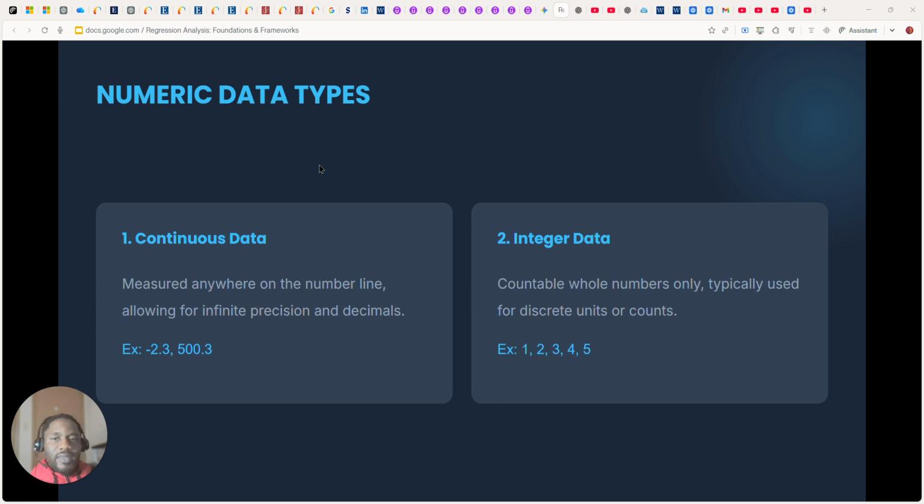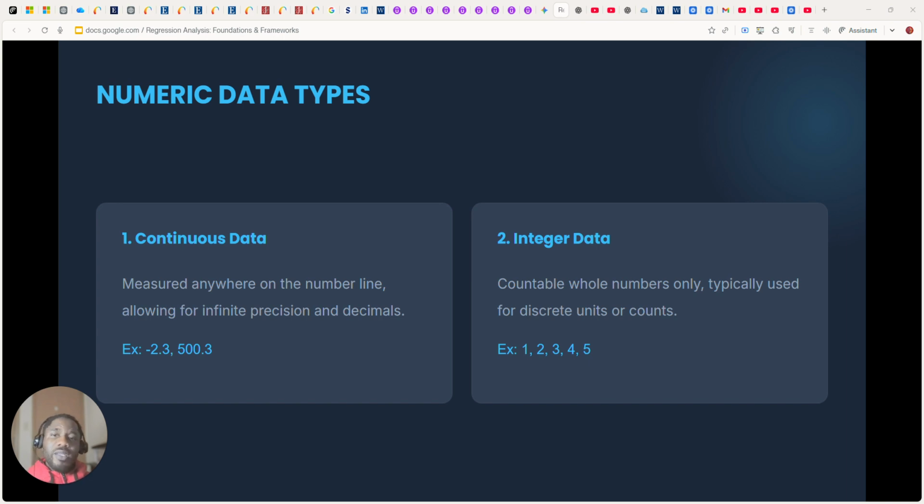Examples can be height, 5.72 feet, weight, 70.5 kg, temperature, 36.6 degrees centigrade, or GDP growth, 2.7. It takes any value on a number line.